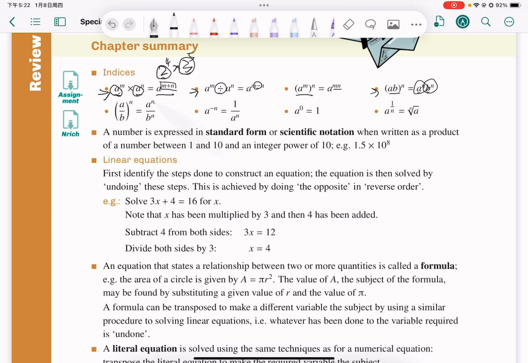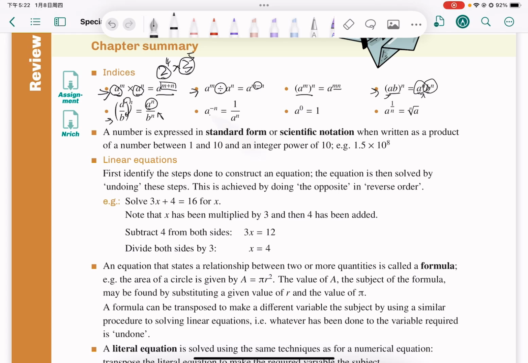So that's equal to a to the power of n divided by b to the power of n. So you can think of it as the n power goes inside of both, and the relation between a and b stays the same. So if it's division, then it remains as division. If it's multiplication between a and b, then it should remain multiplication. Okay.